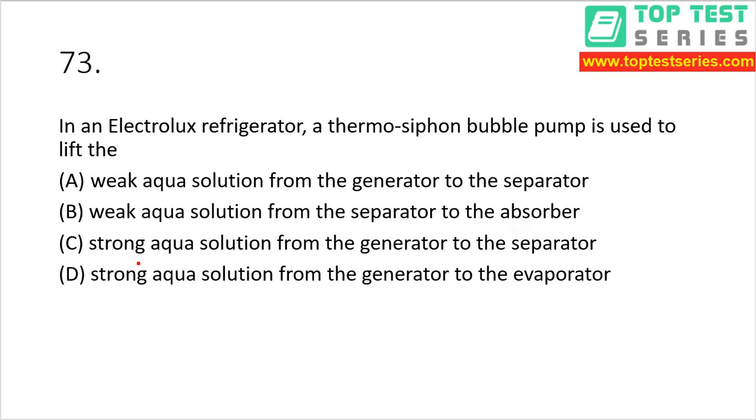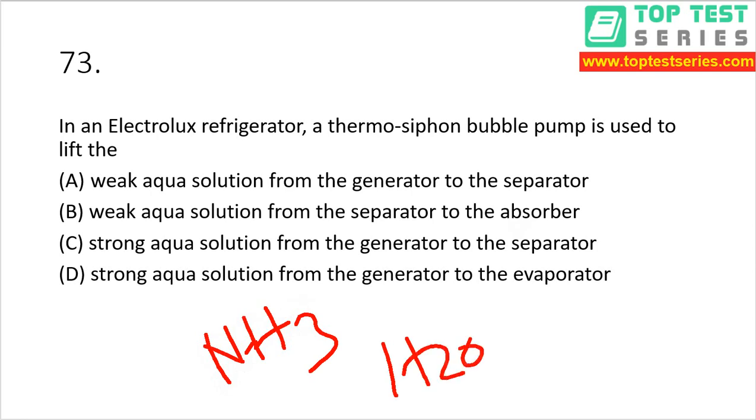NH3 we are using as refrigerant, then H2O we are using as absorber, and H2 is used to create low pressure of NH3 in the evaporator, then condenser. My dear, all these terms are asked in different competitive examinations, maybe ESE, maybe SSC, maybe PSUs also, right?